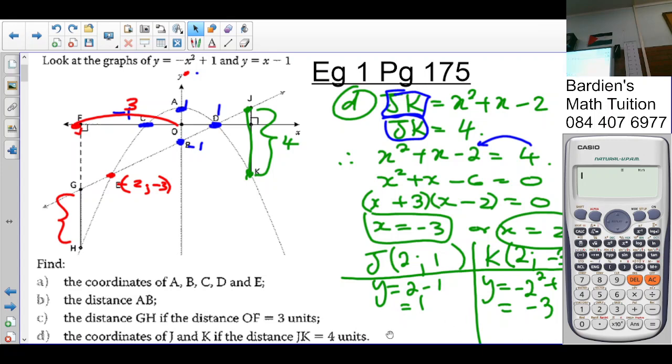So we've got 1 minute left. That example, the next example we're going to do tomorrow, okay?